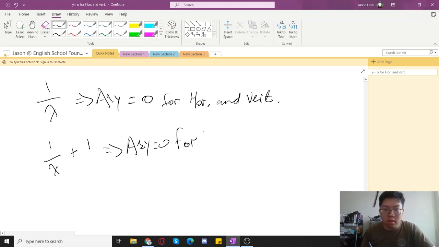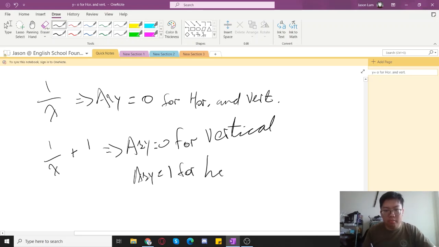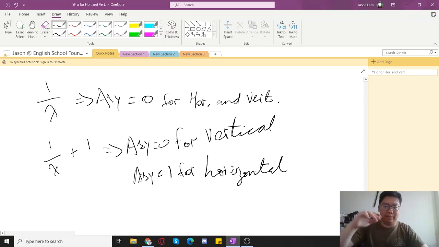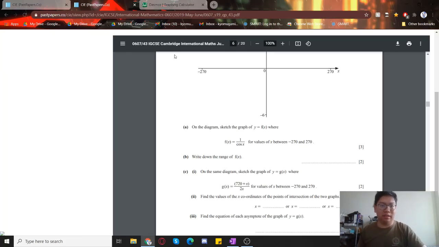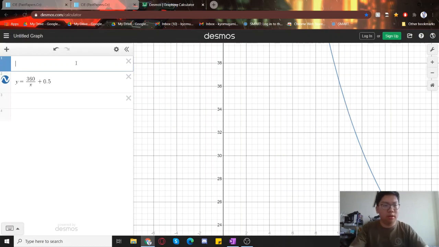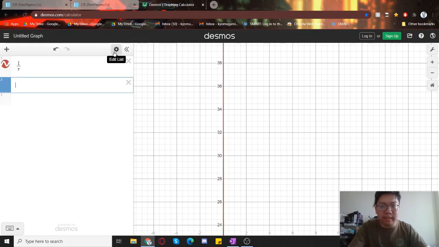For vertical, because we're not shifting it to the left or the right at this point, we're just increasing the height. So y equals 1 for horizontal. We're increasing the height of this. So therefore, we're just bringing the graph up by 1. I'll just demonstrate this quickly here. 1 over x.